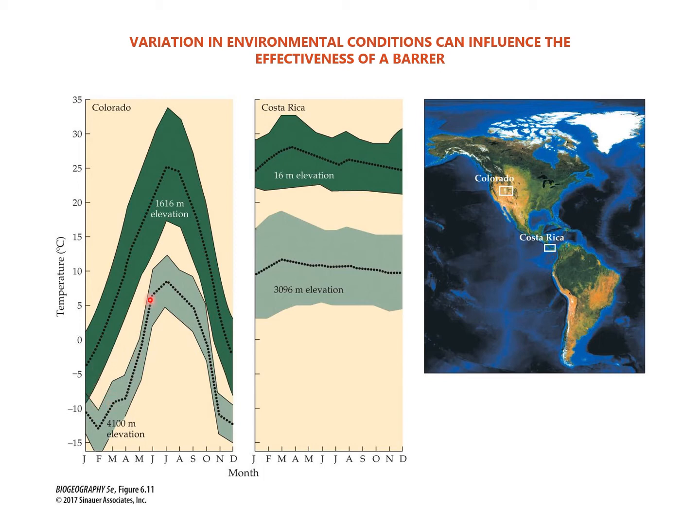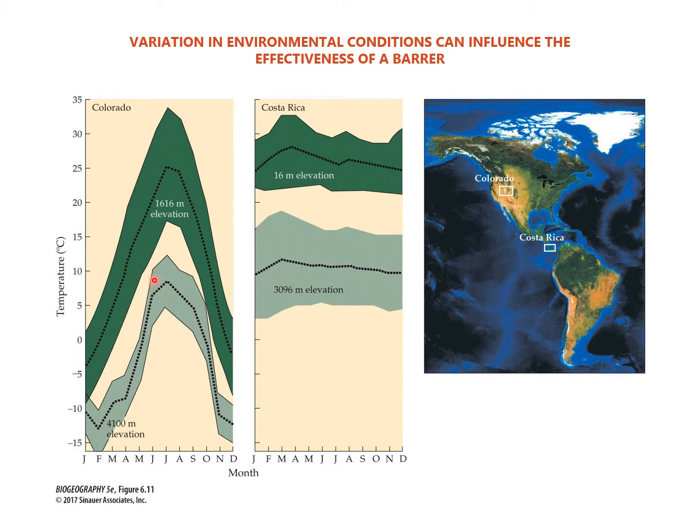So it's not going to be as much of a barrier for an organism to cross the mountains here, because the conditions are at least somewhat similar during some times of the year, and you see similar sorts of patterns.